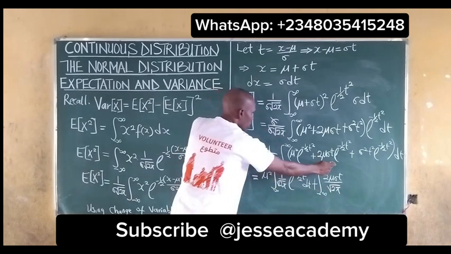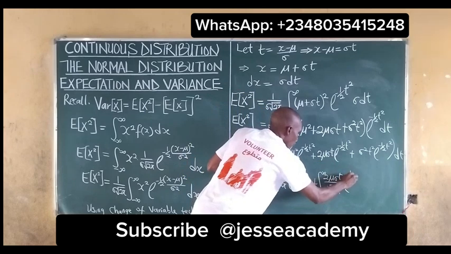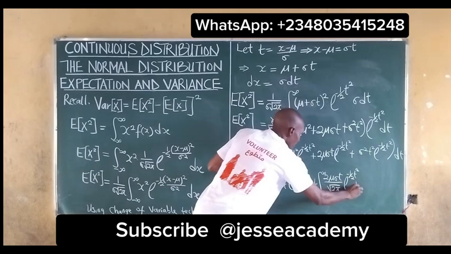Now next we are using this to multiply this to give us this exponential negative 1 all over 2 t squared dt.